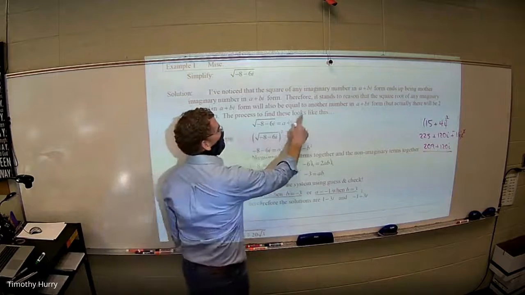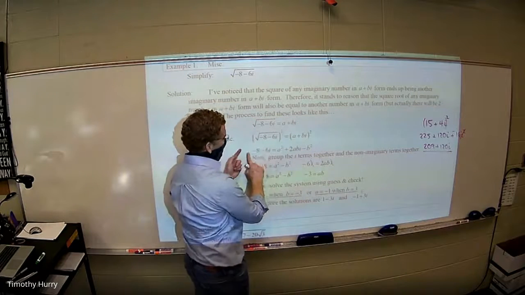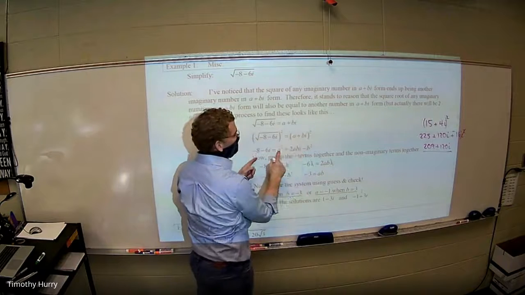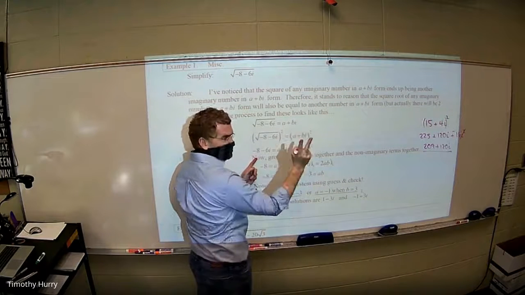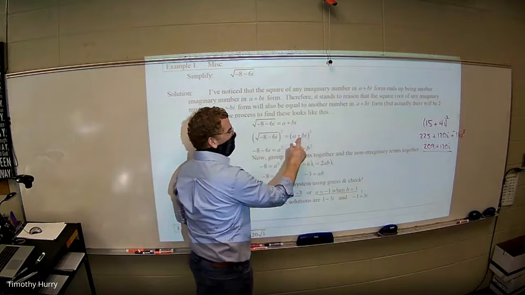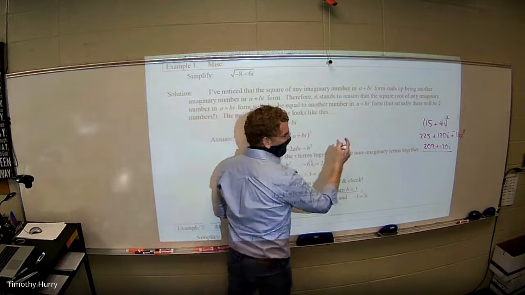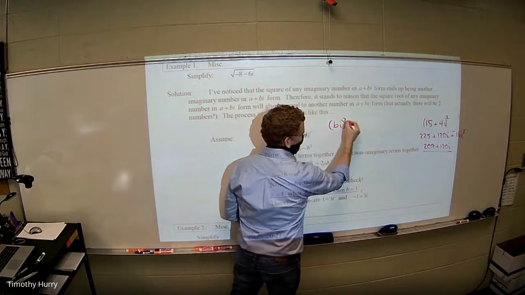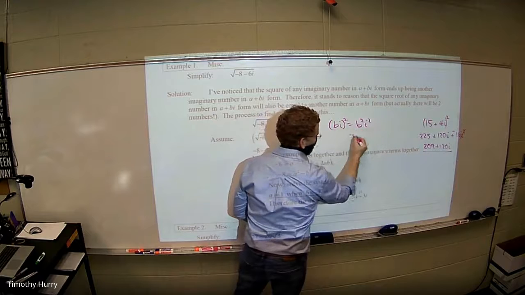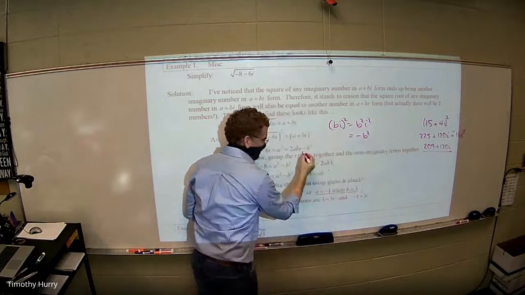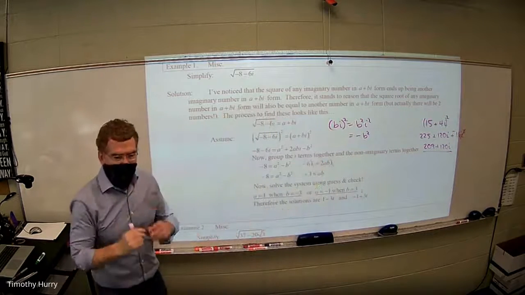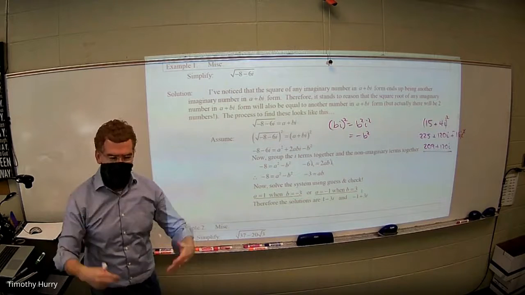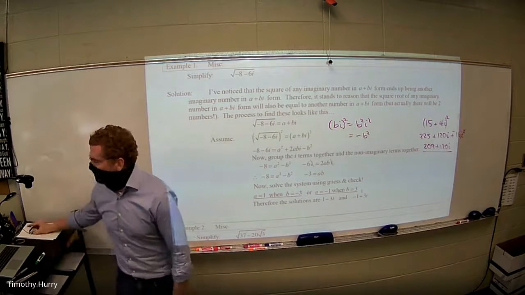So I'm going to square both sides, and in doing that, the square root goes away, and here I get a squared, that times 2, and then positive bi squared gives me what? b squared, i squared, which is negative b squared. That's why I have a negative b squared there. Now, here's where your logic comes into play. And you've done this kind of stuff before.